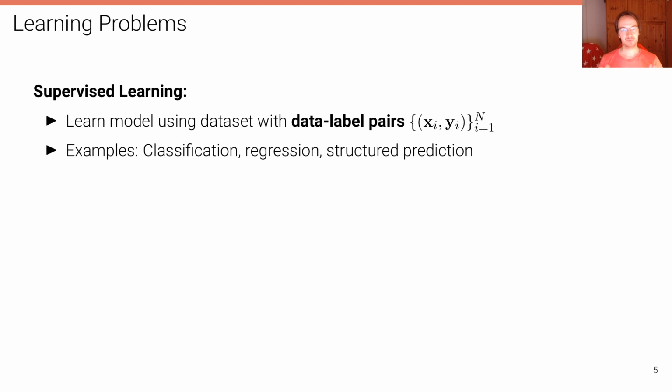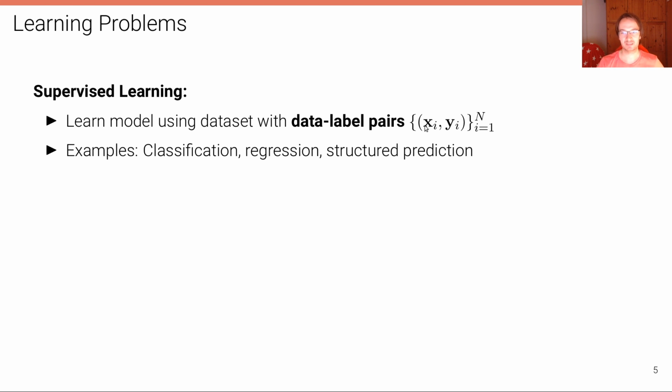This is a slide from the beginning of the course that contrasts the different types of learning that we encounter in machine learning. So far, in all of the lectures, we have always focused on supervised learning. Supervised learning on images, on sequences, on vectors, on graphs. In supervised learning, we learn a model using a data set where we have data-label pairs.